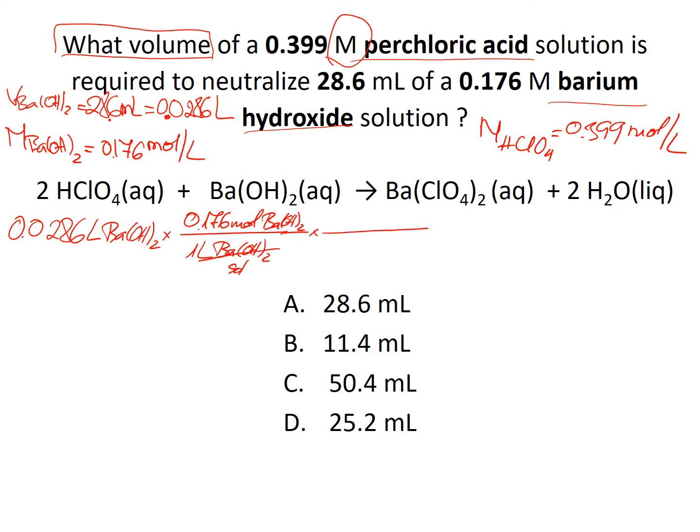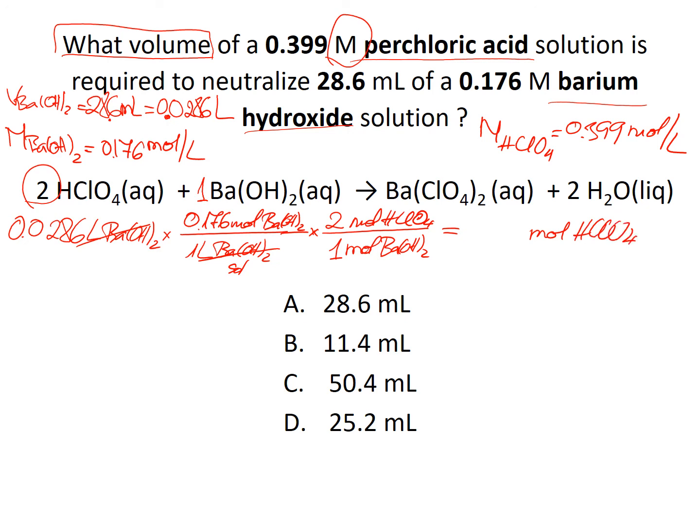And now that we are at moles of barium hydroxide, we need to find the moles of perchloric acid. So from moles of barium hydroxide, we'll convert to moles perchloric acid. In front of the barium hydroxide, we have a 1. In front of the perchloric acid, we have a 2. So if we do this calculation, we're going to have the moles of perchloric acid.